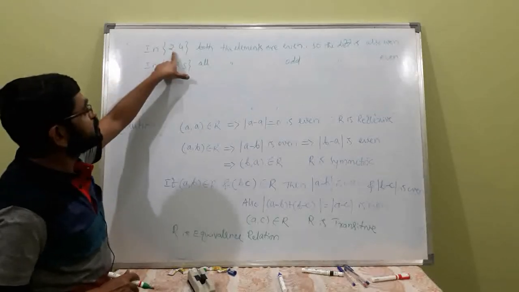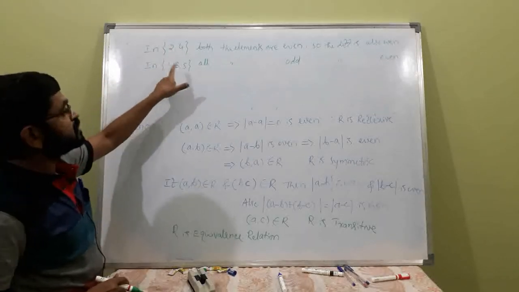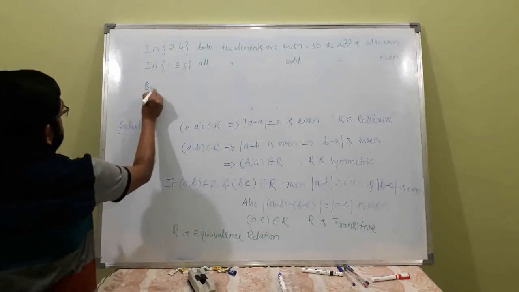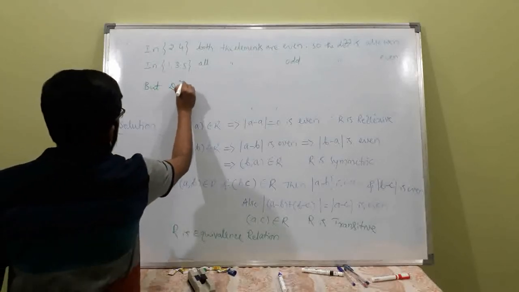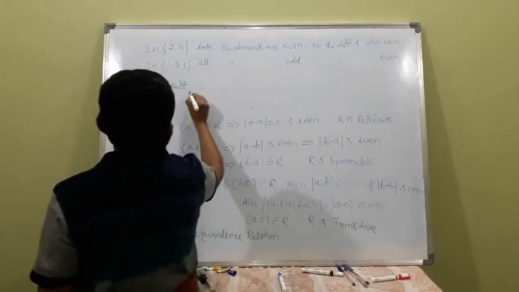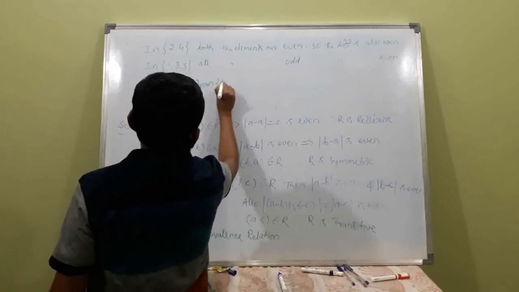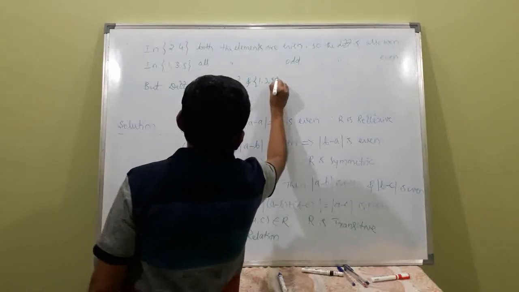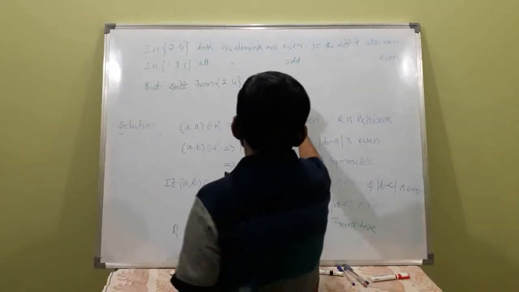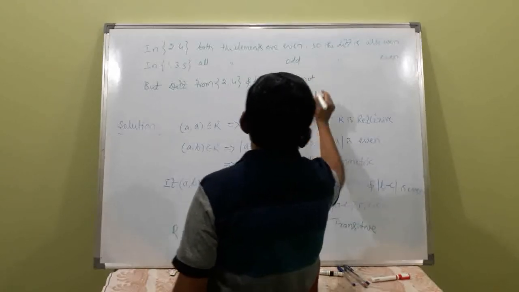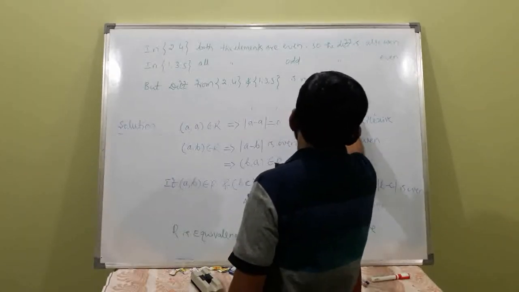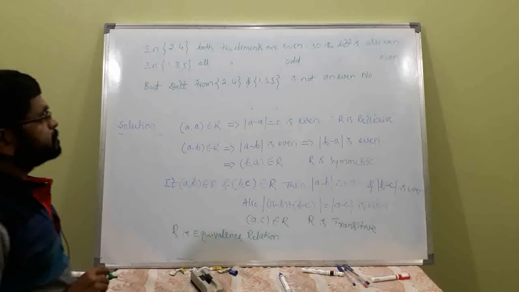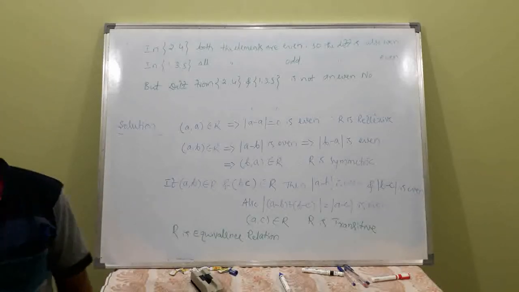If you take one element from 2, 4 and another from 1, 3, 5, that difference is not an even number. So this cannot build the relation R.